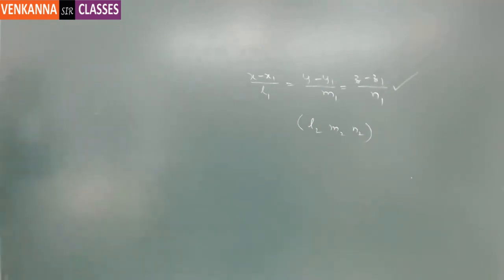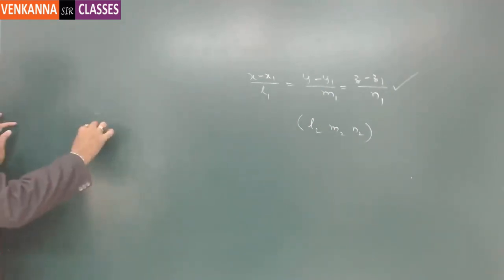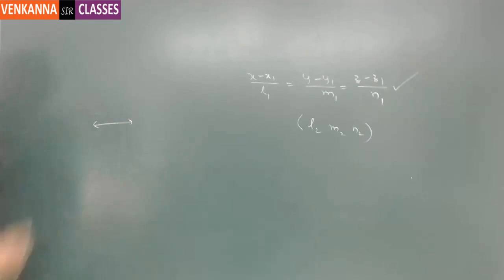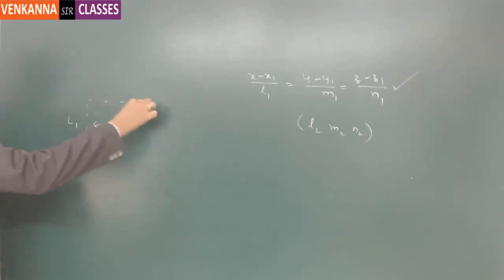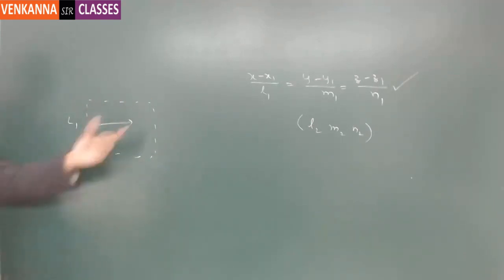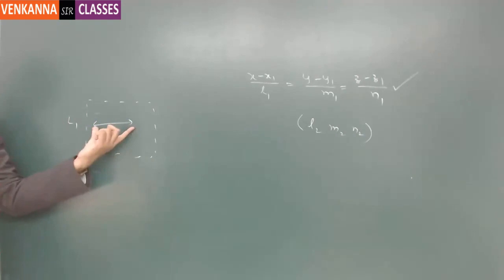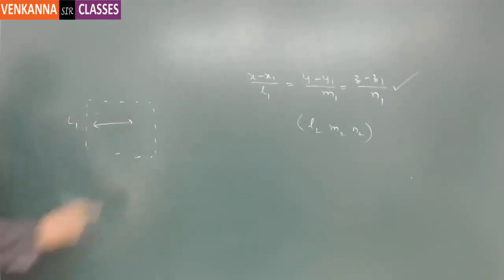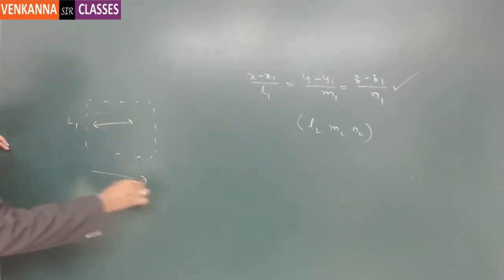So if you visualize the picture, let us say this is my line L1. I want to calculate the equation of a plane which is containing or passing through this one, and this plane is parallel to another line.